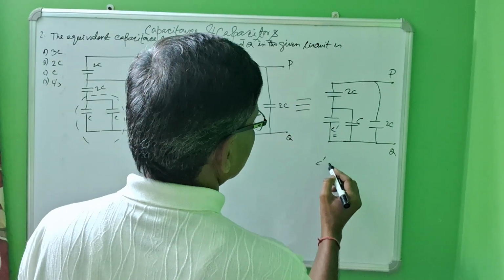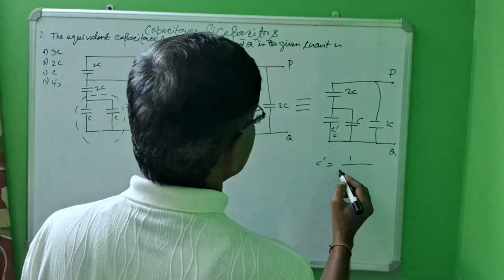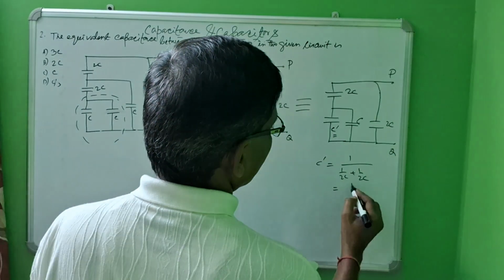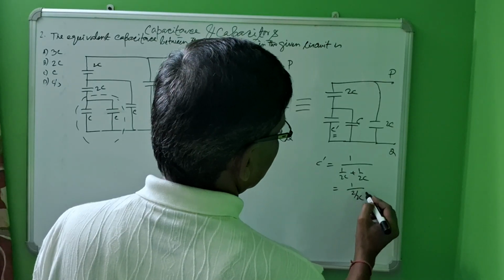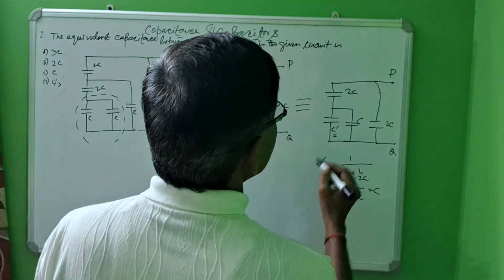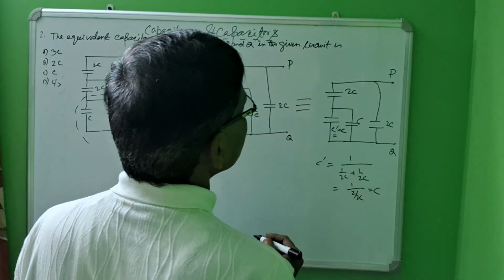C dash can be given by 1 by twice C plus 1 by twice C equals 2 by twice C equals 1 by C. So C dash equals C.